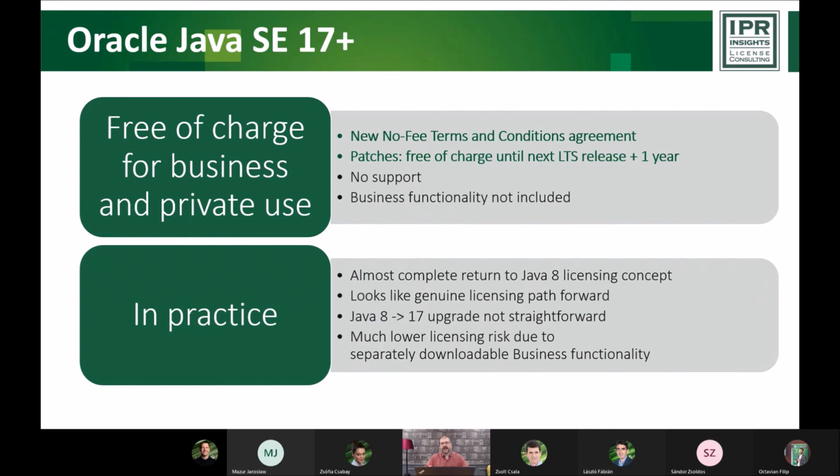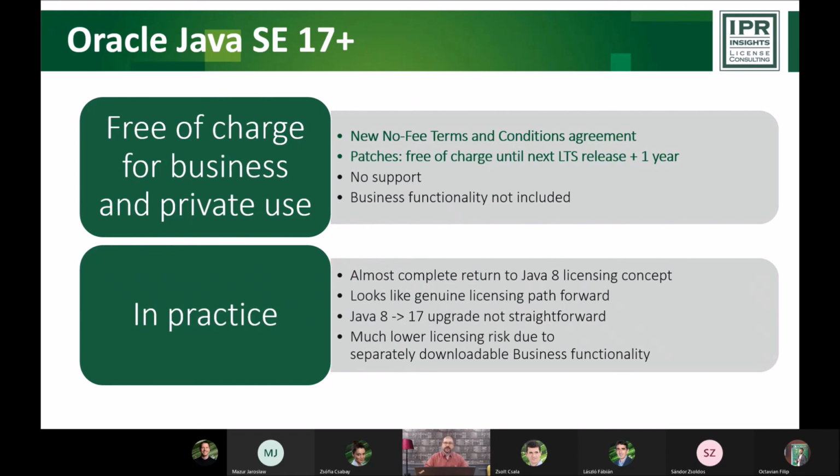if you download the NFTC install package, you don't get any of the business functionality included in that. So you are not installing functionality that would require a license, and you cannot therefore use functionality that would require a for-charge license.